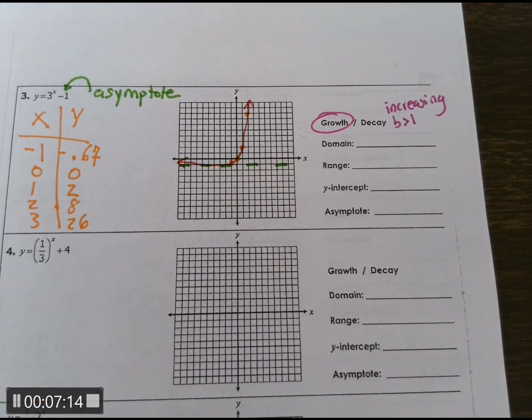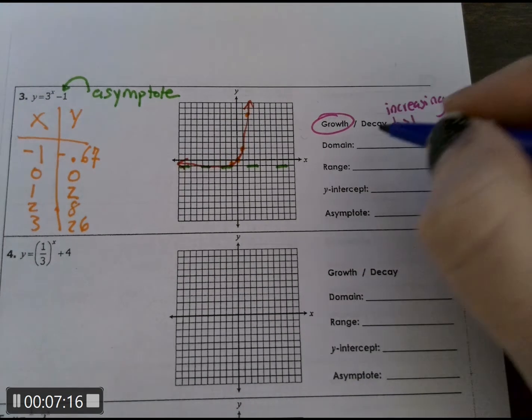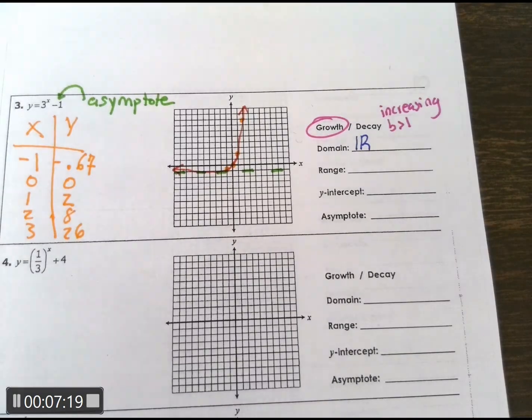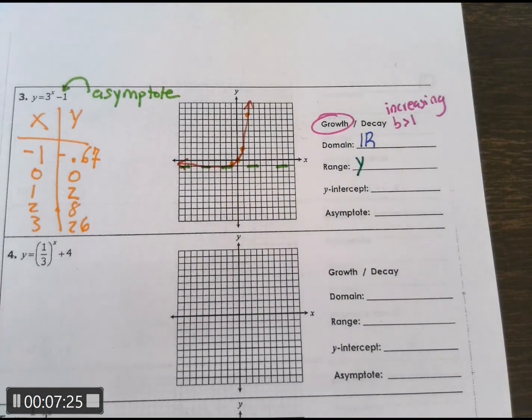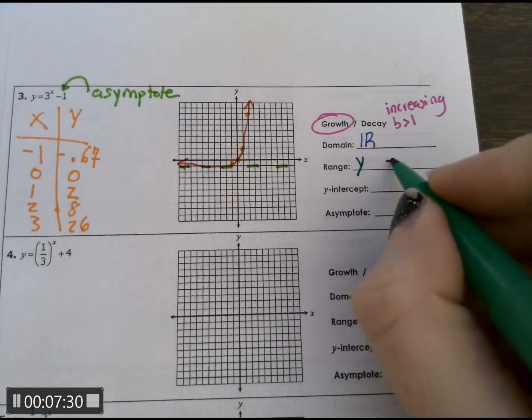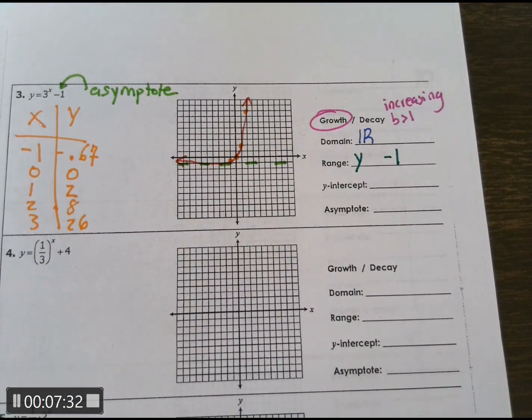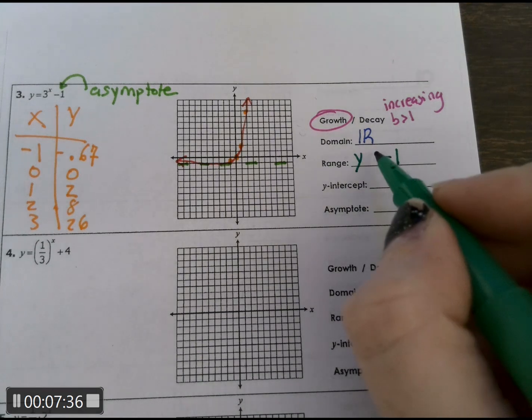And then what's my domain? It is all real numbers. What's my range? Remember, it has to do with our y and our asymptote. What's our asymptote? It's -1. So is my graph above or below my asymptote? It's above.